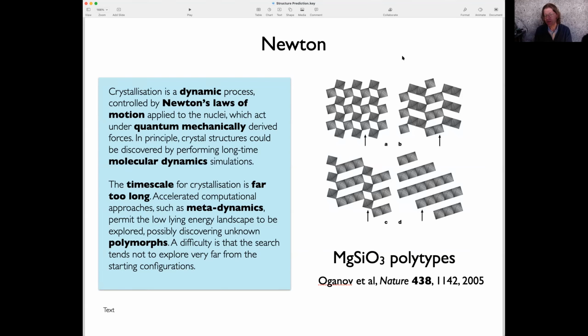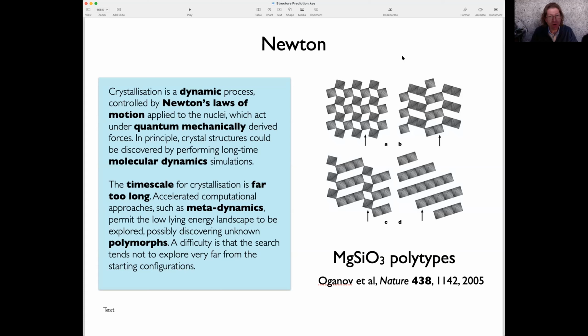Effectively, what you do is you determine some reduced variables or reduced parameters and force the crystallization to happen. So, for example, you maybe control the lattice parameters and force the lattice parameters to become cubic or take on the particular symmetry that you're interested in. So this can be used. There's an example here from Artem Oganov looking at magnesium silicate polytypes using metadynamics.